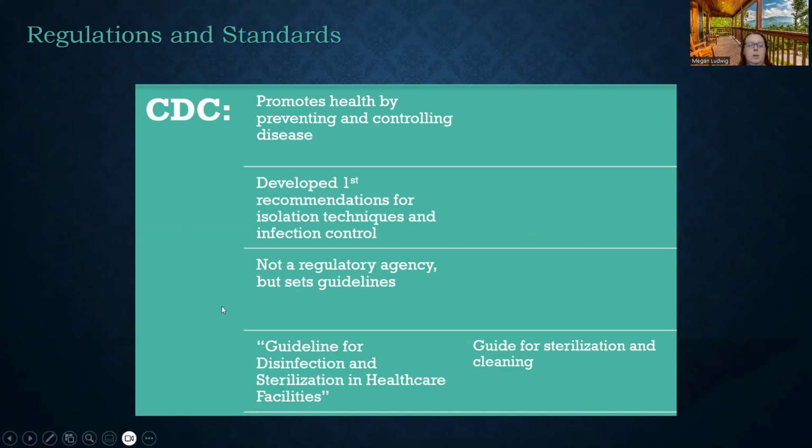But typically, hospitals, healthcare facilities are going to be setting those types of guidelines that they'll follow. So one of those is a guideline for disinfection and sterilization in healthcare facilities. Okay, so that's just a guide for how we would sterilize and clean specific items.